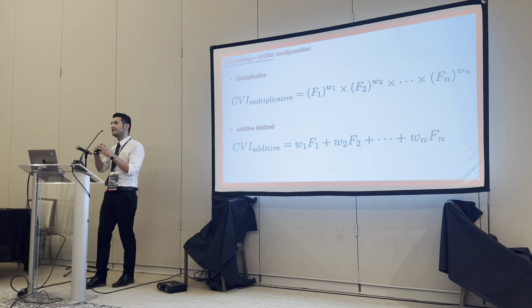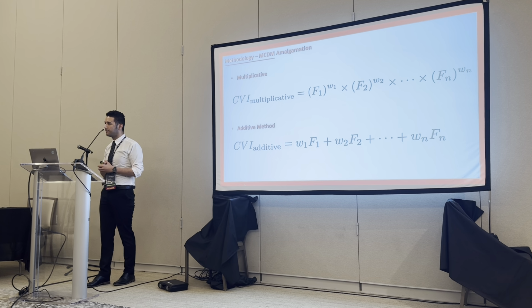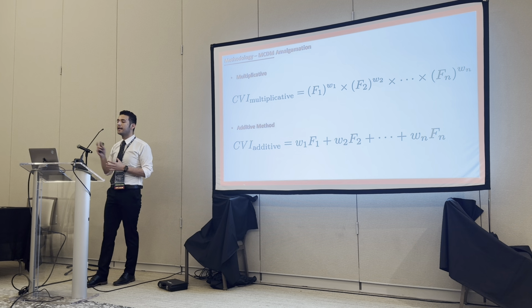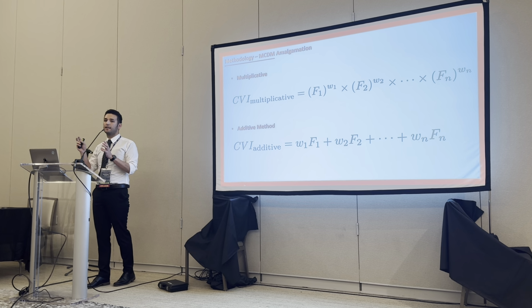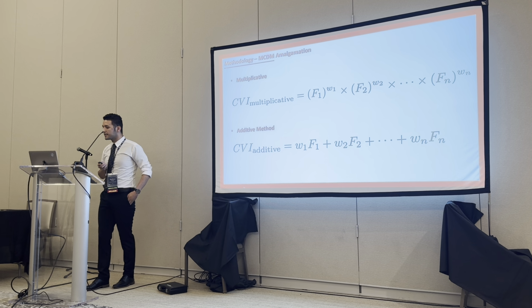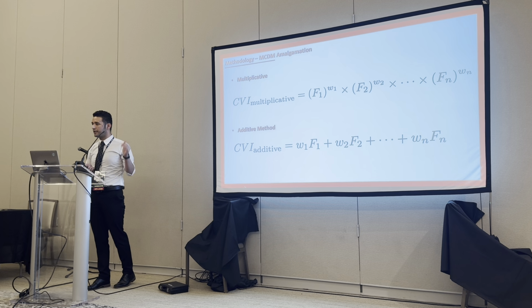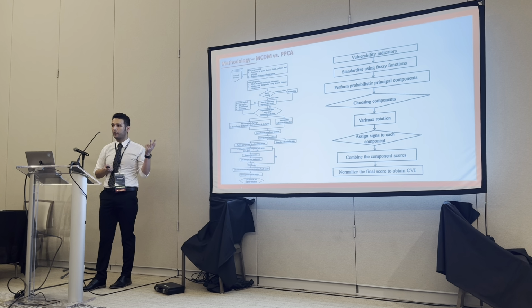We didn't have these specific characteristics in our data, so we decided to use the additive method. It is mostly used when the factors concerned work independently to build the final result that we want. So far we have our data normalized, assigned weight, and aggregated together.